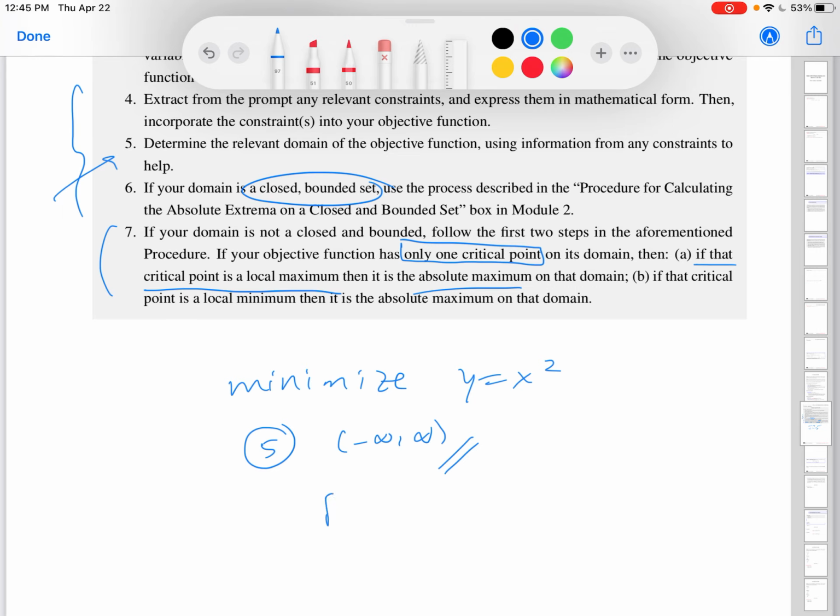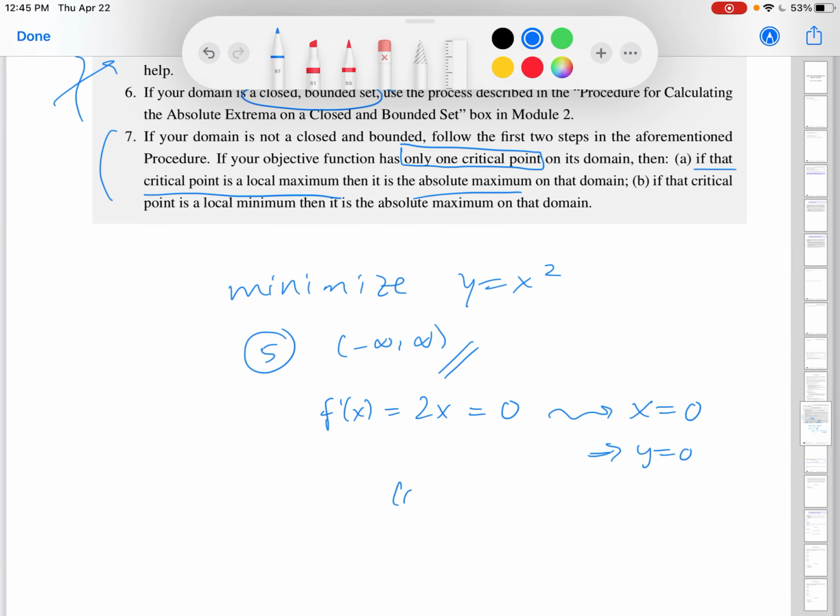So how do I minimize this function? Well, I could do what I did back in Calculus 1: find its derivative, set it equal to 0, look for where it doesn't exist. In other words, find the critical points. And in this case, I would get x equals 0, y equals 0. Through a variety of ways, I could use the first derivative test, or the second derivative test, or graph it, to see that (0, 0) is a local minimum.